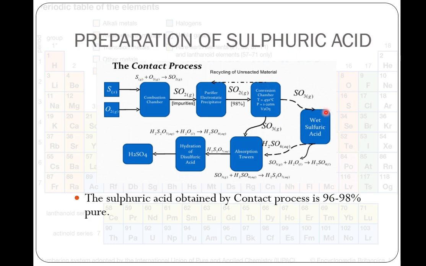And the third step, sulfur trioxide is absorbed in sulfuric acid to form oleum. This happens in absorption tower. This oleum then on hydration gives us sulfuric acid. Sulfuric acid thus obtained is 96 to 98% pure.